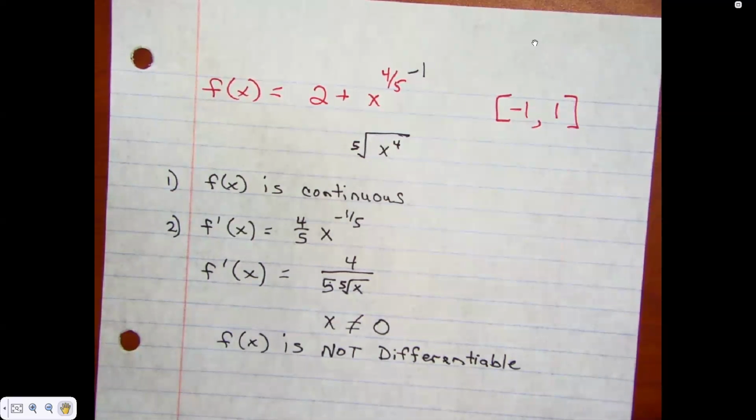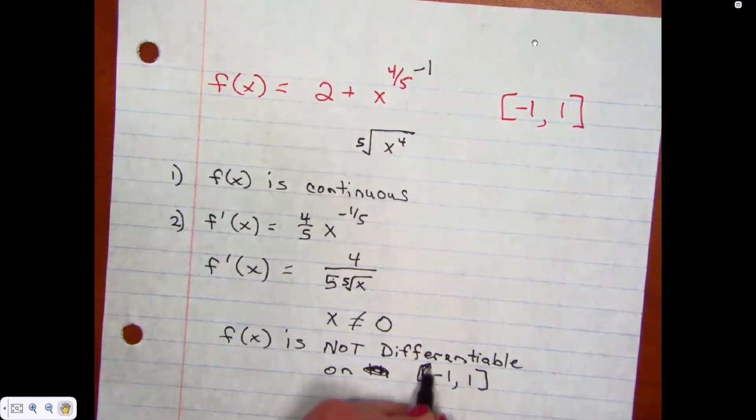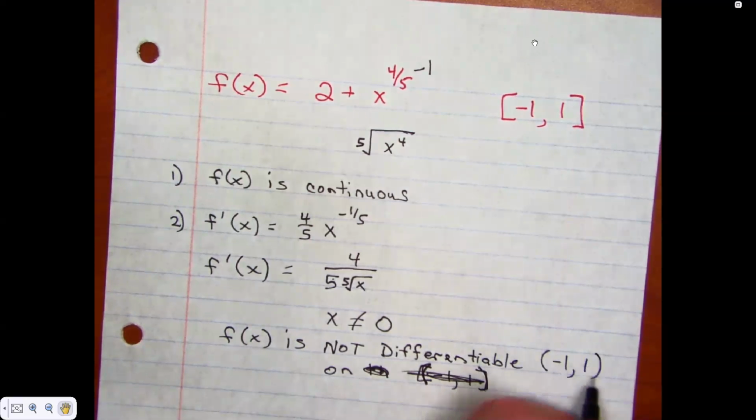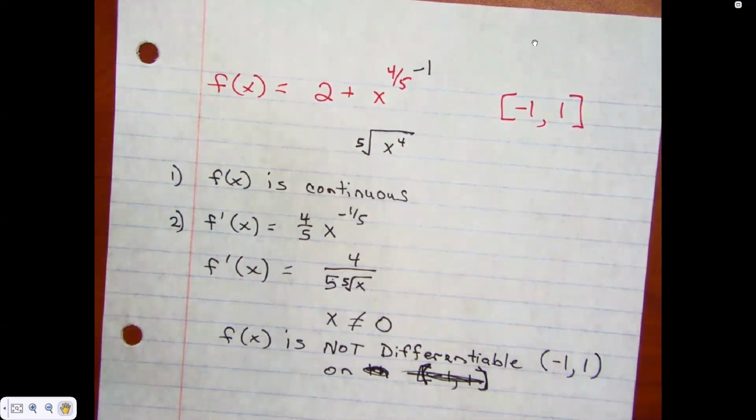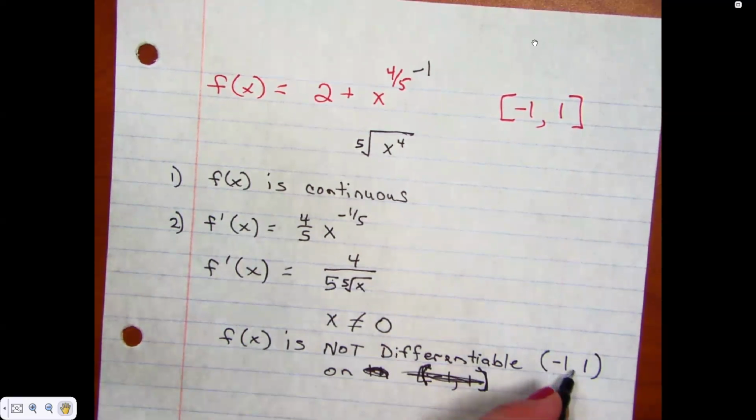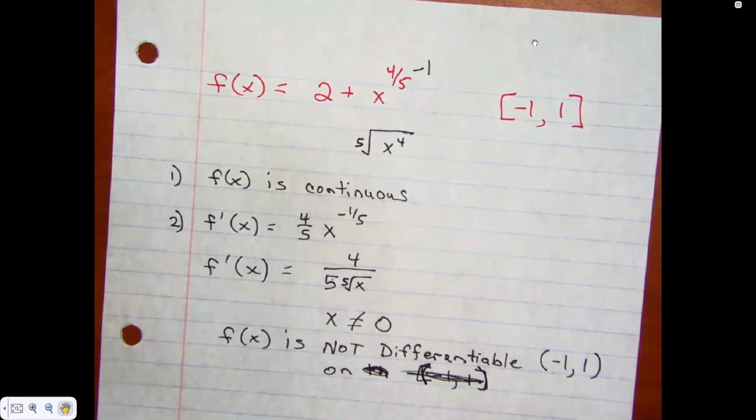Not differentiable when x is 0, or you could say on negative 1 to 1. Oh, actually, technically it would be parentheses, right? Let's just write it like this. Negative 1 and 1, if that was a problem, we'd be okay. That's what we saw in the last example. But it's smack dab right in the middle, that's an issue.